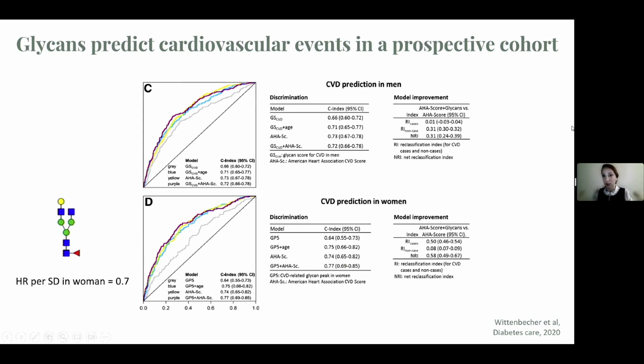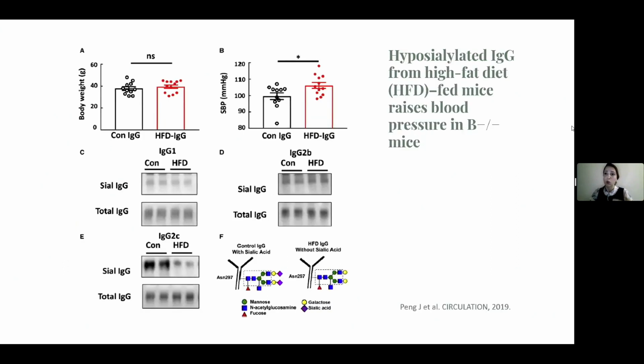We cannot make a lot of mechanistic studies in humans, but what we can do is look into model animals, in this case into mice. This was a collaborative effort with another group, published in this Circulation paper in 2019, where obese mice were fed a high-fat diet.